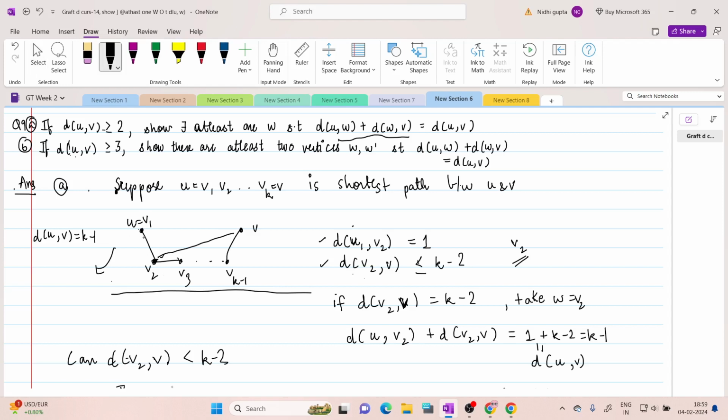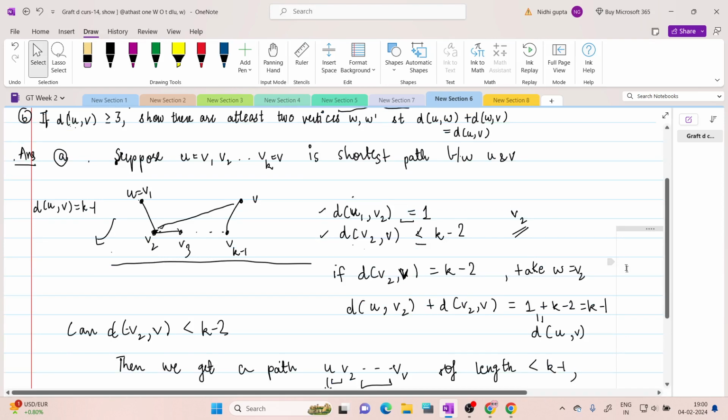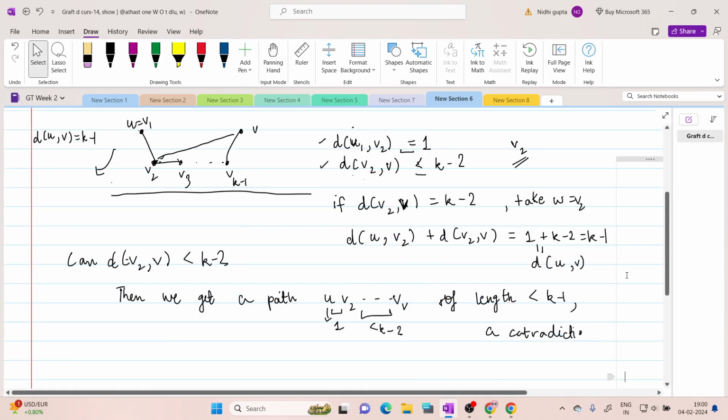Because v1 and v2 are adjacent, their shortest distance should be 1, because it cannot be less than 1. Then similarly for v2 and v. Now the b part is very similar. If you have understood a, then b should be easier for you.